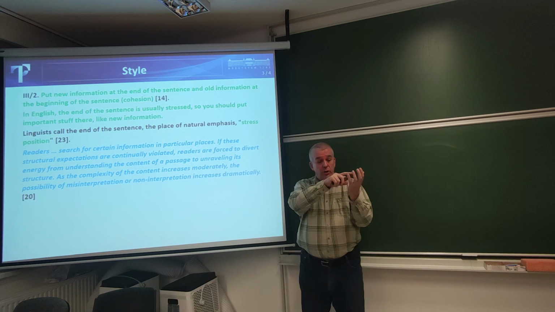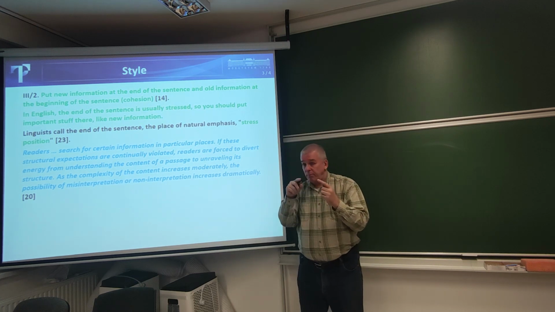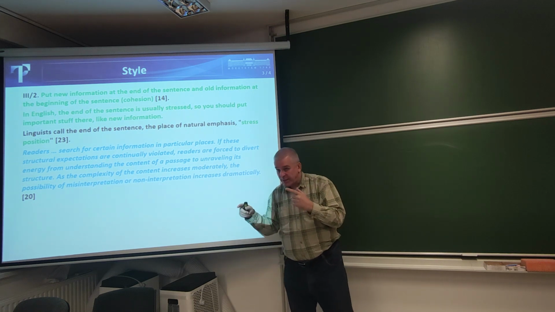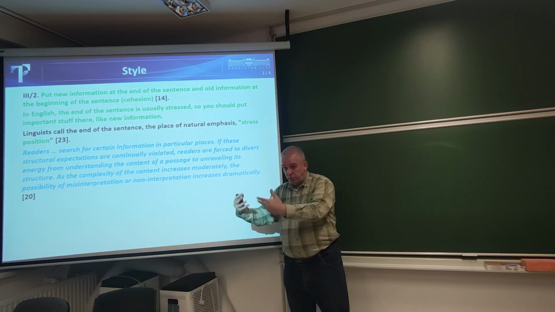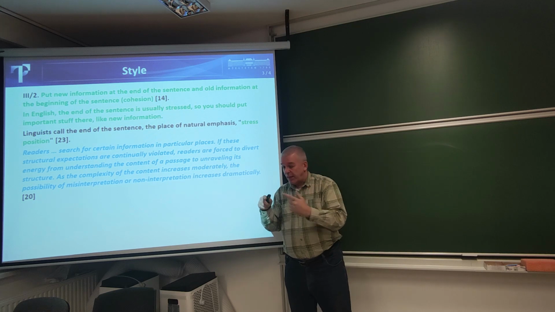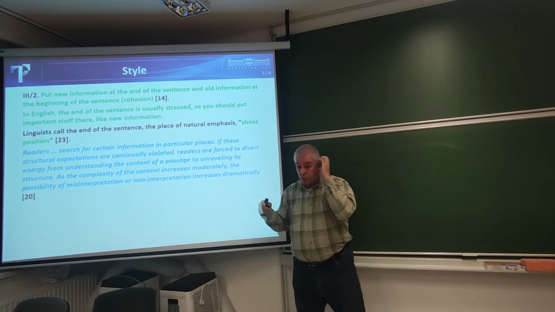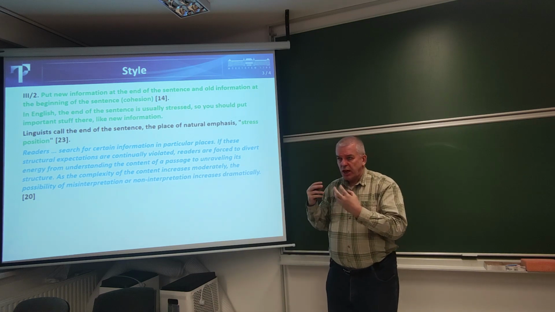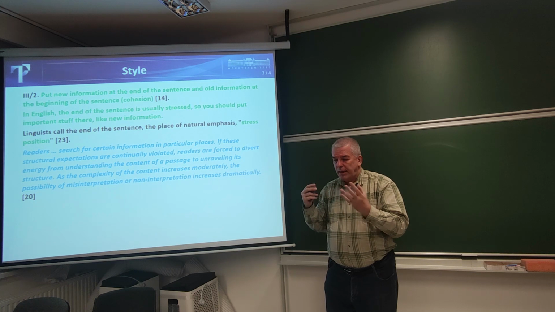So you introduce something new, and then this new thing becomes old information, and you say something else which is new. Okay, you talk about something, and then you say something new, and then this thing becomes old in the next sentence. So it is just like dominoes.